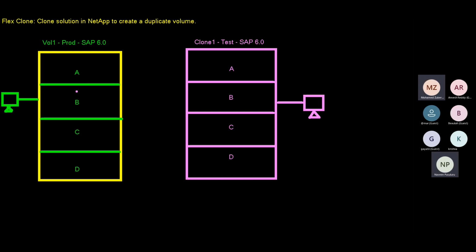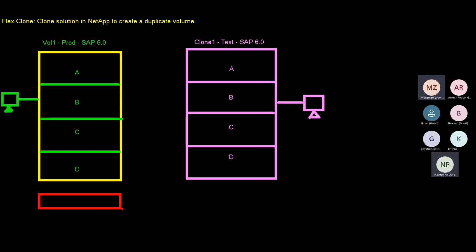Normally, in order to create a clone, you need to create a snapshot. Actually, you don't need to create one. If you want, you can use the existing scheduled snapshots as well, but the best practice is to create a manual snapshot. I'll give you two reasons why. The first reason is that if you use a scheduled snapshot, we don't know when it was created.